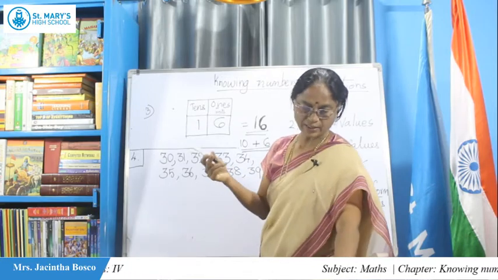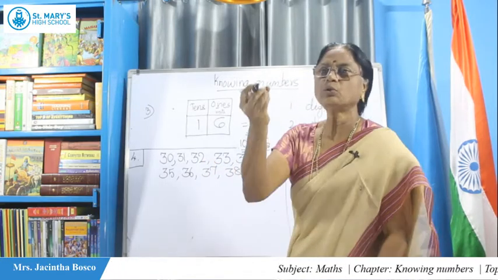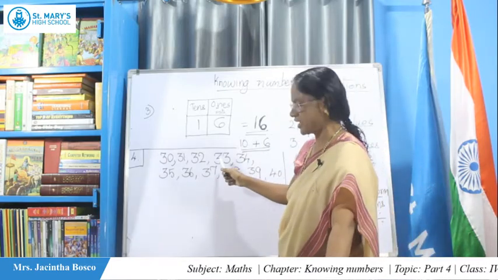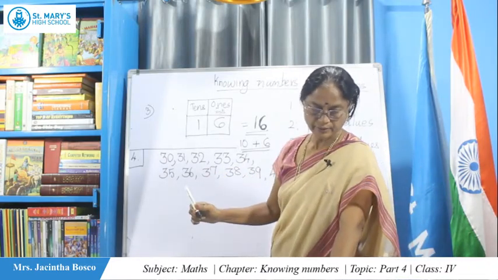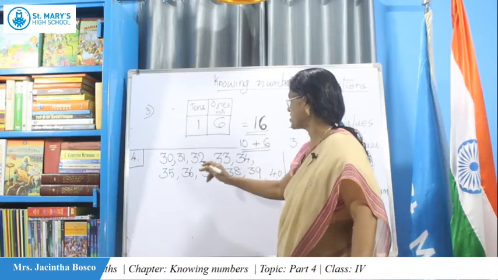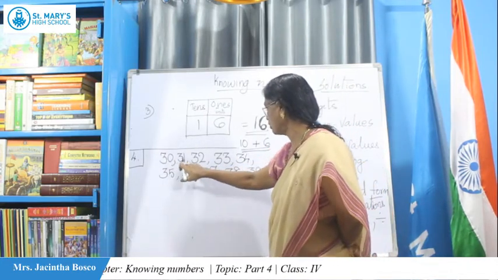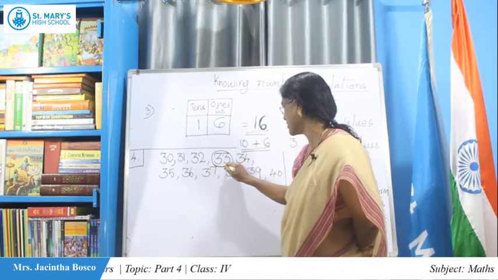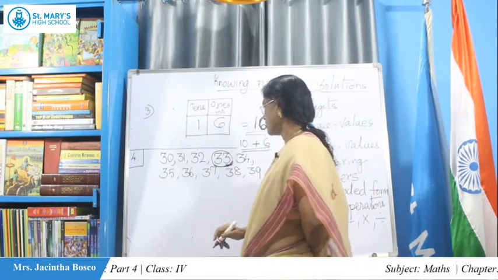Who is that I? What clue is given there? The digit in my units place is the same as the digit in my tens place. See here, where do you have the same digit? Yeah, here. What is that number? 33.